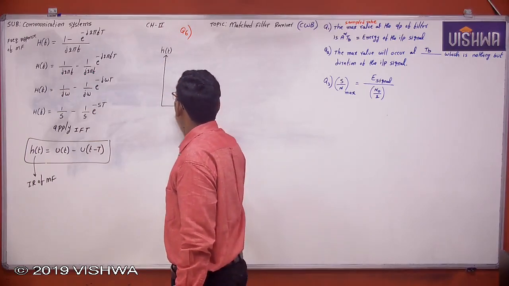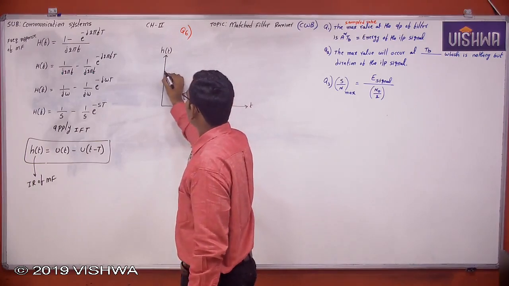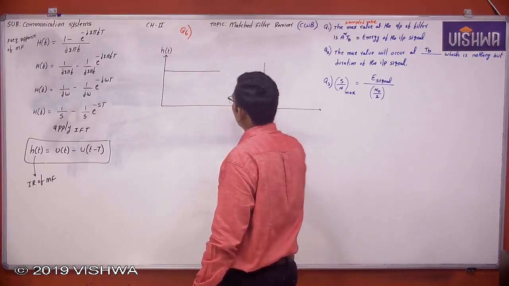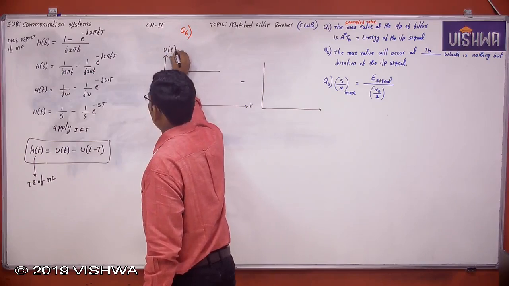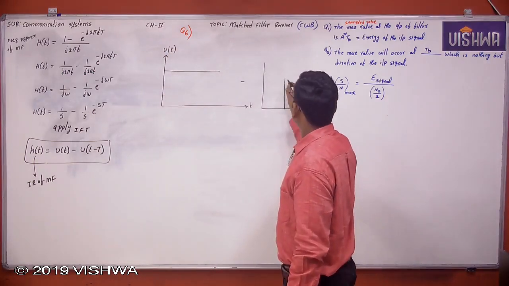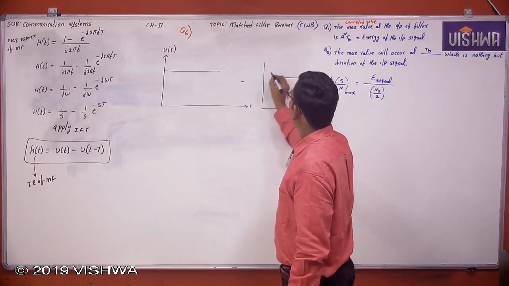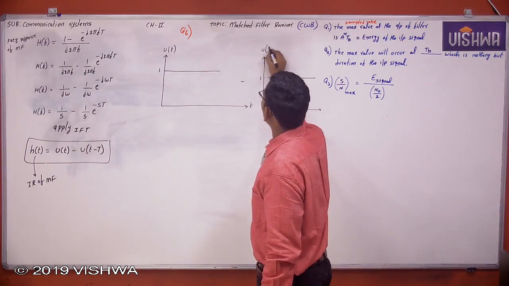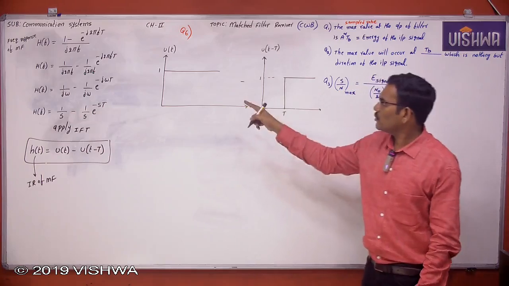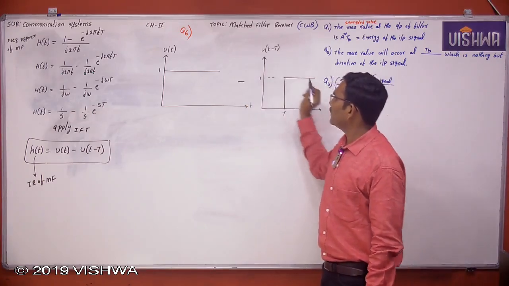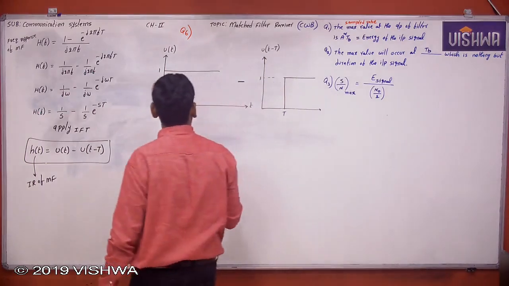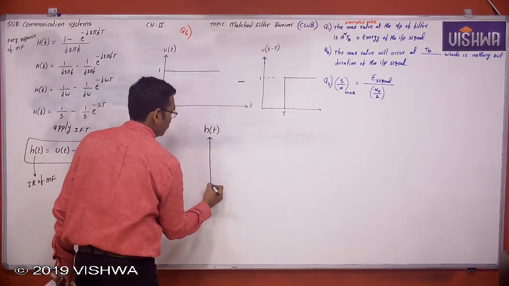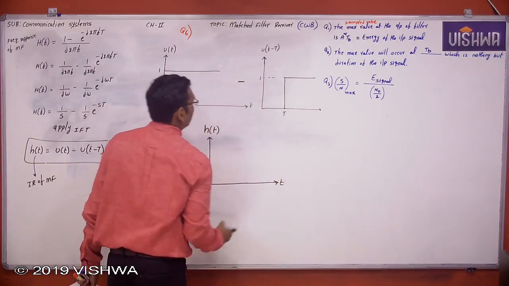Now see here, this is u of t minus u of t minus T. If you subtract, now this is h of t, which is nothing but the common portion.